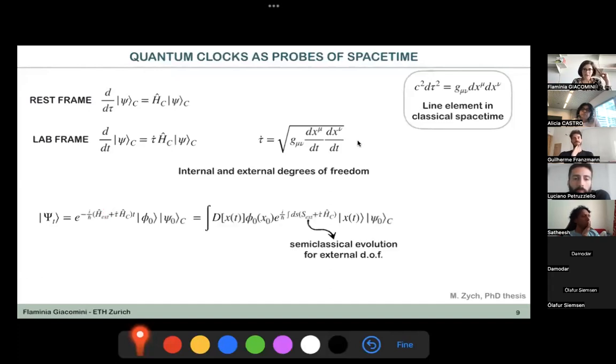So a useful description of this situation is to take a path integral approach, where we have some external action associated to the external degrees of freedom, and then we can simply evaluate this τ dot on the classical worldline, basically the semi-classical worldline of the clock in some interferometer. This is an approximation, of course. It simplifies the calculations. It's not the most general thing you can do, but for now, let's stick to that.